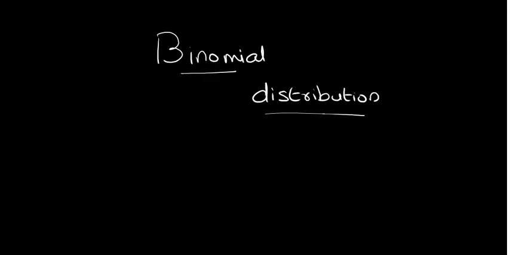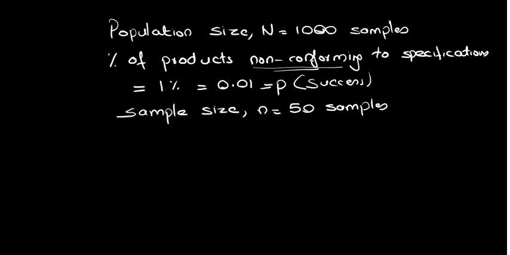So you do a test and see whether the product is conforming or non-conforming. They observed that on an average 1% of these products are non-conforming to the specifications, and this p is actually a constant. Okay, p is not changing. This is an average value, and that is assumed to be a constant.